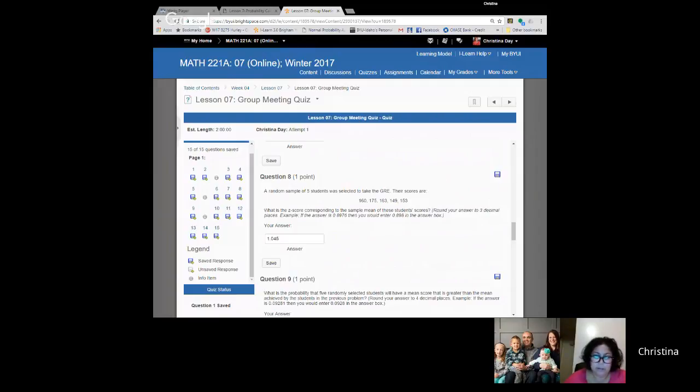I don't understand it. Why would that be? Because before, when we did these problems at the beginning of the week, we had the whole population. When we were figuring out z-scores, we were figuring them out for the whole population. But in question 8, it says a random sample of 5 students. So instead of having 180 students, the entire population, we only have 5.